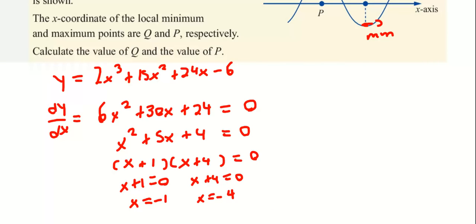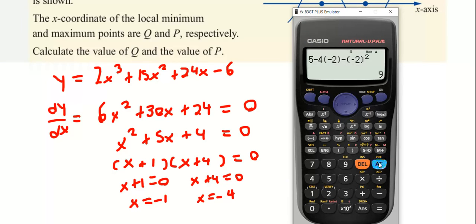Now here's a little trick you can use here. You can go to your calculator's mode, table function, and enter 2 alpha x cubed plus 15x squared plus 24x minus 6.